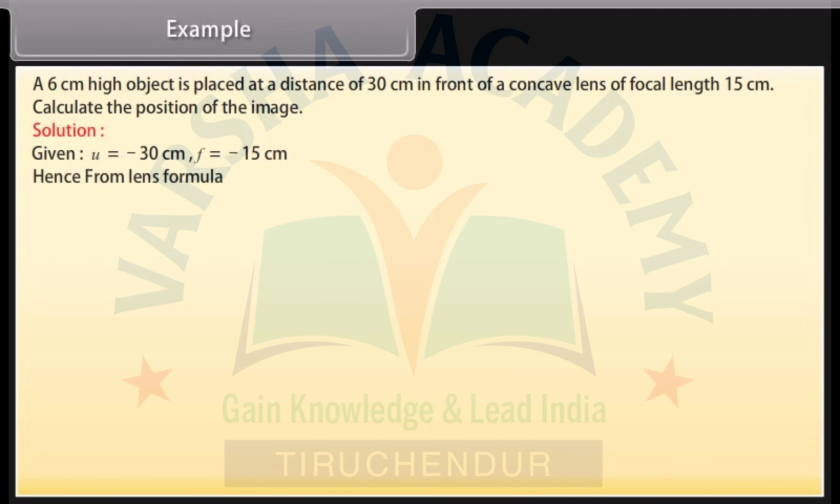Hence, from lens formula, 1 upon f is equal to 1 upon v minus 1 upon u.